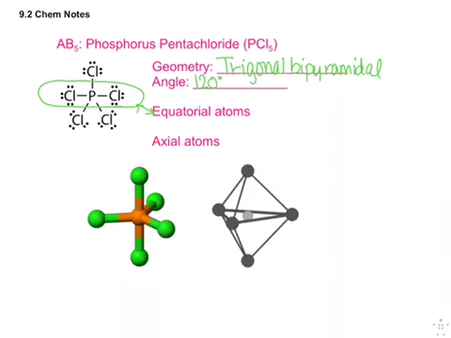Then we have our axial atoms, which are the atoms that are perpendicular-ish from the equator.